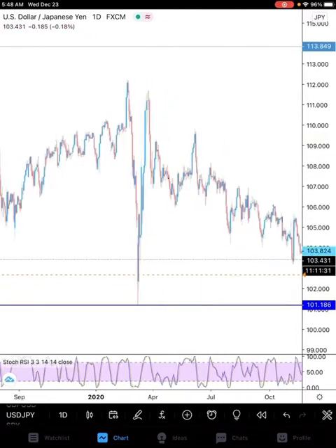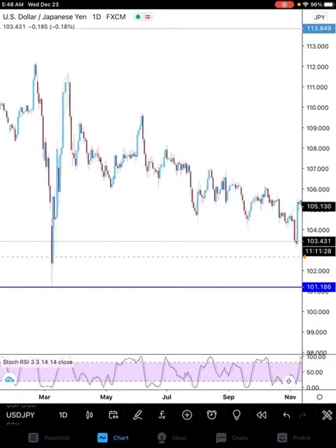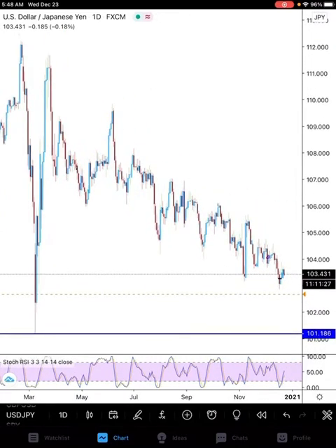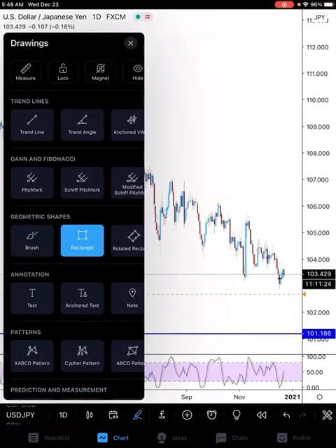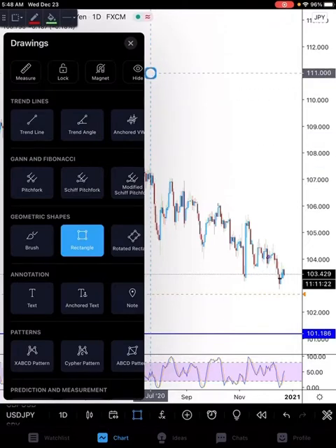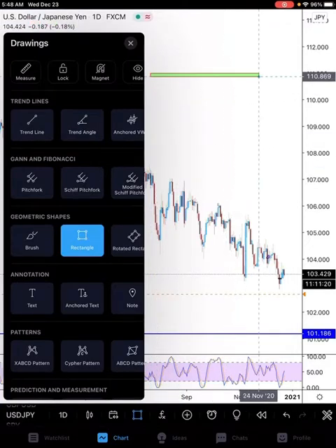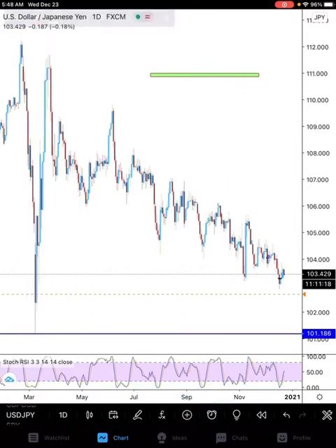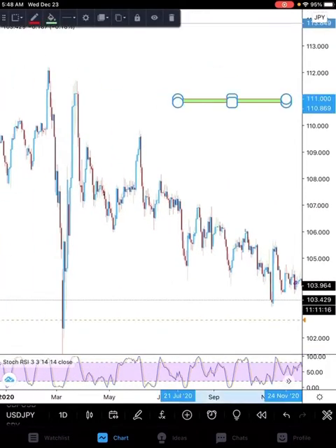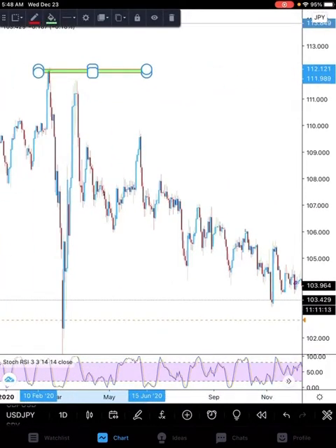So let's see what levels we got. And I would always mark off my zones with this green. It's like a bright green, just to let me know. It's a good indicator. But a bright green, thinner rectangle.